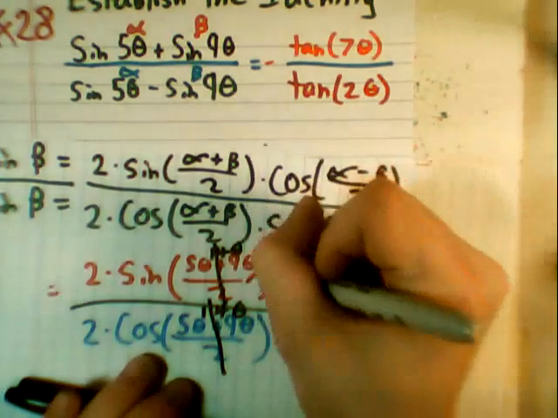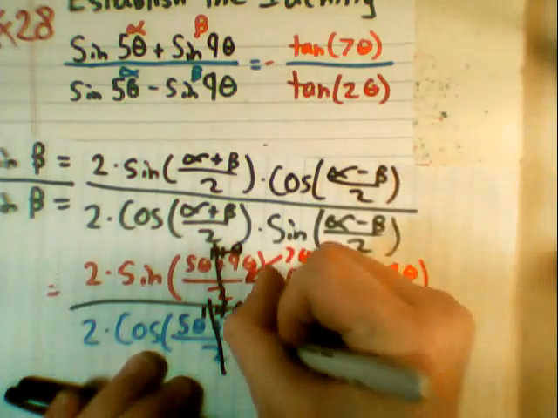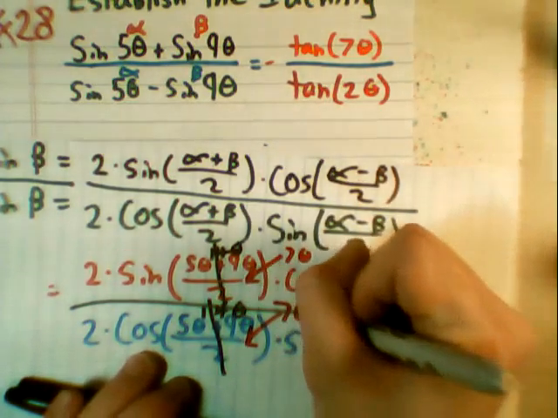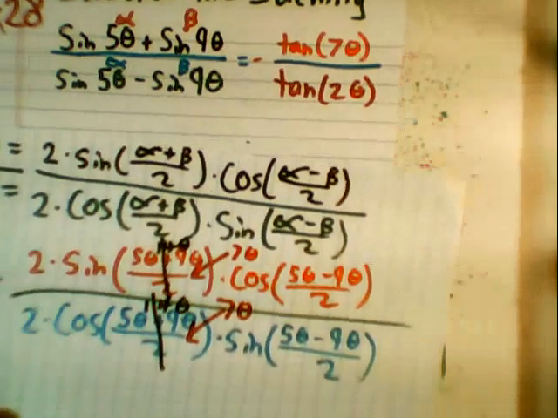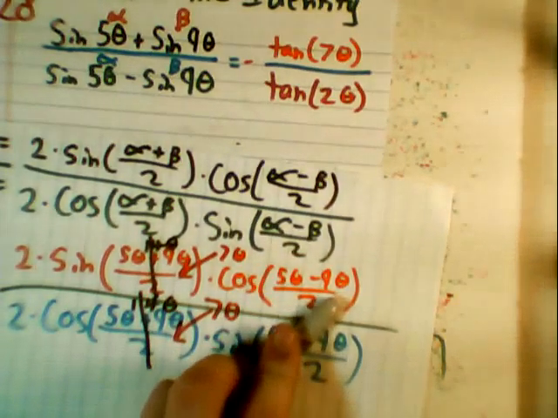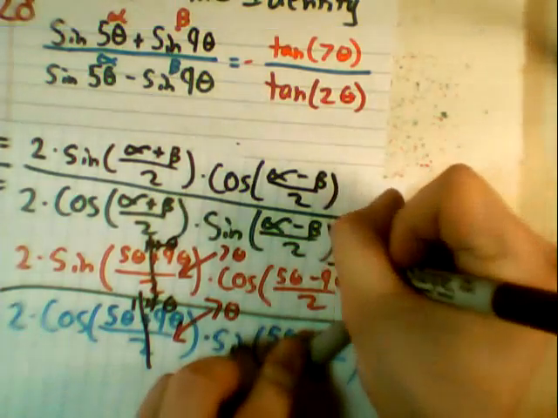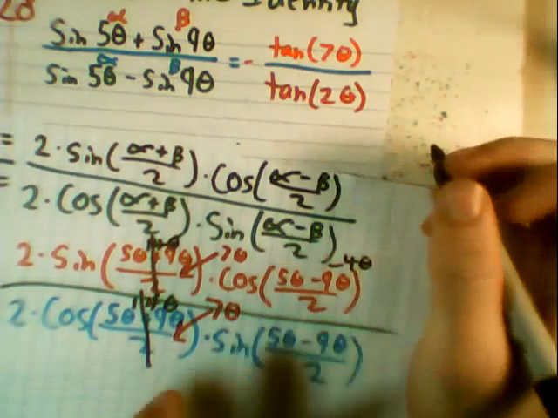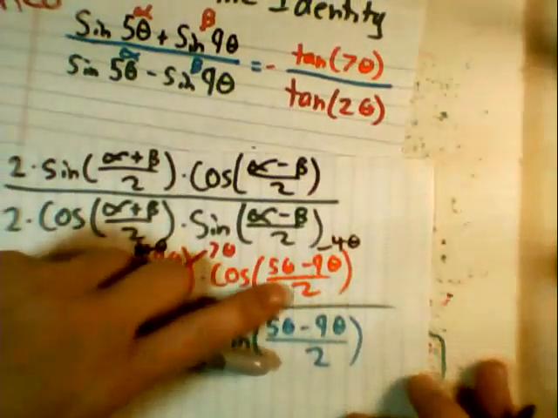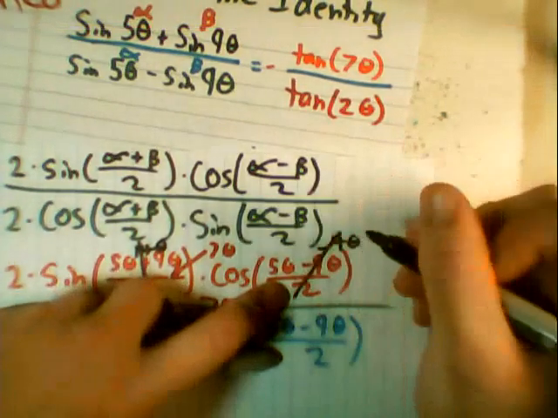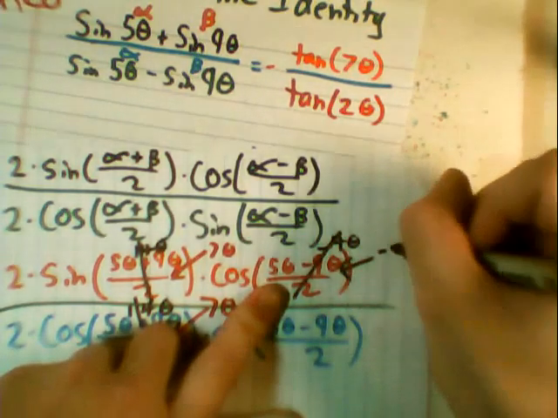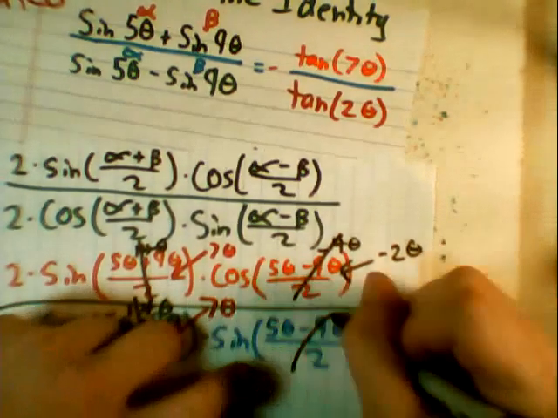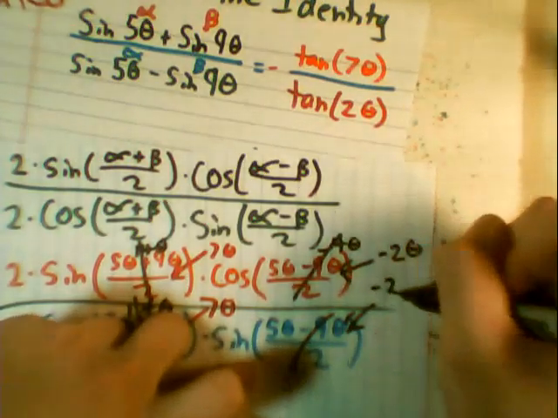So this inside right here is 7 theta, as well as here. Now let's do these two where they're subtracting. 5 minus 9 is negative 4 theta, but remember that negative 4 theta is divided by 2, so you can cancel. Negative 4 divided by 2 is negative 2 theta, and the same goes here.